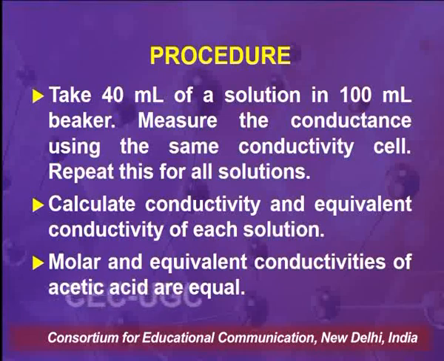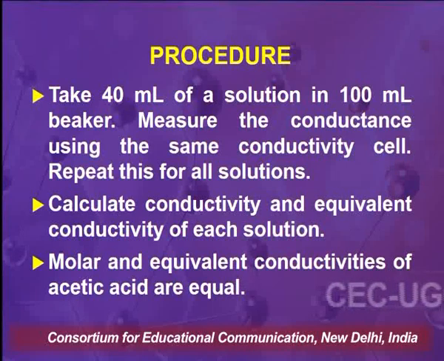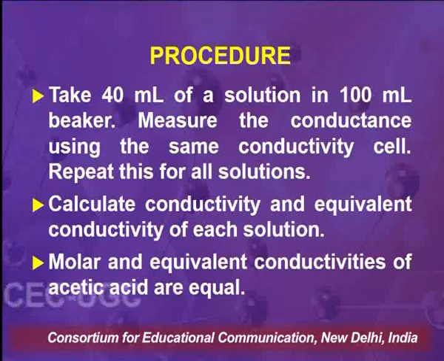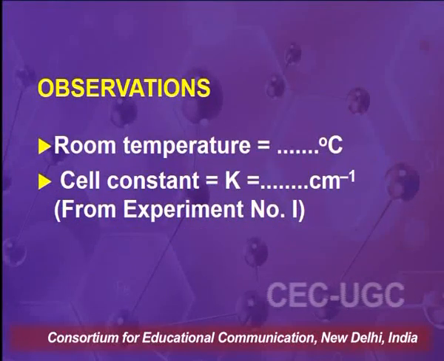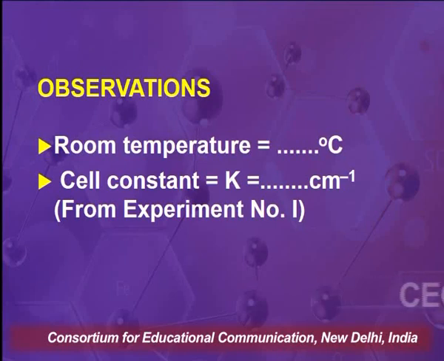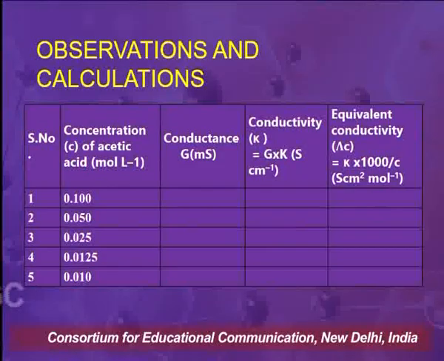Calculate the conductivity and equivalent conductivity of each solution. The molar and equivalent conductivities of acetic acid are equal. Observations to be made: room temperature is to be noted, and the cell constant from the previous experiment number 1 has to be noted. In the observations and calculations, the measured conductance should be tabulated.